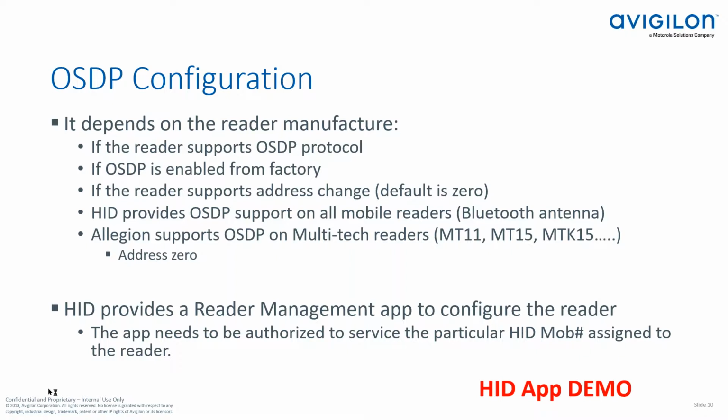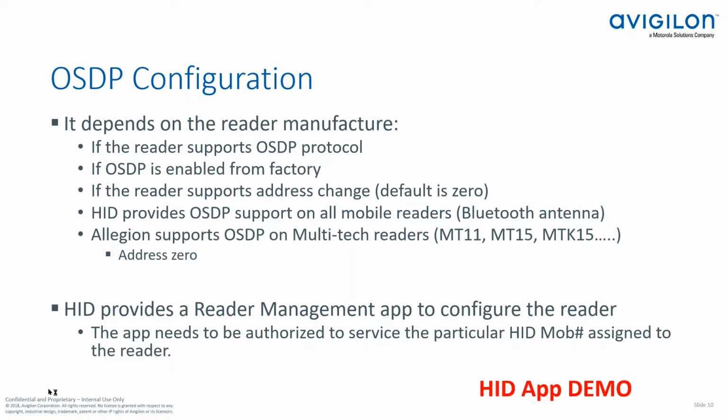Again, OSDP I think is just easier to configure, and if your reader supports it, I think you should take advantage of it. If you're doing HID readers, the mobile readers, the ones that come with a Bluetooth antenna in the back, that silver box in the back, they do provide that capability. They come loaded with OSDP functionality. Some of the Allegion readers are there too, the MT11, the MT15, and MTK. They do provide support, normally address 0.